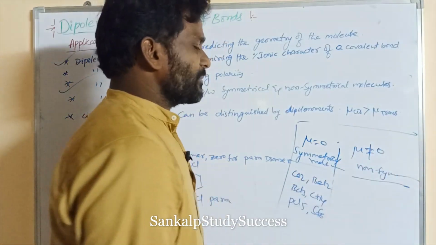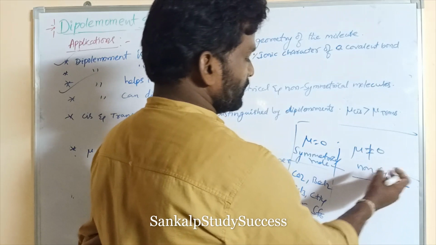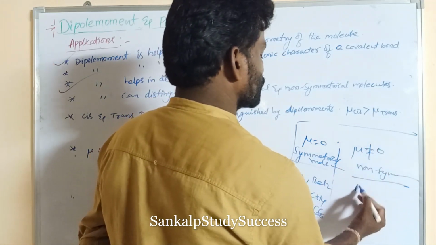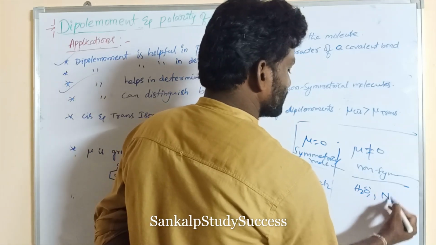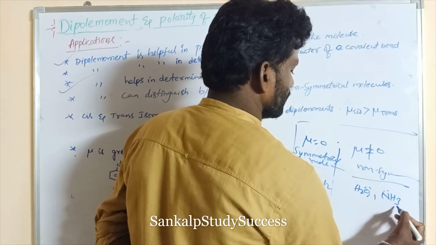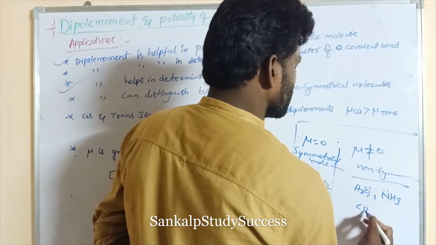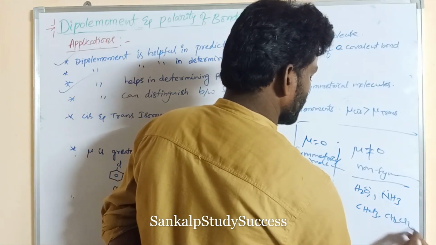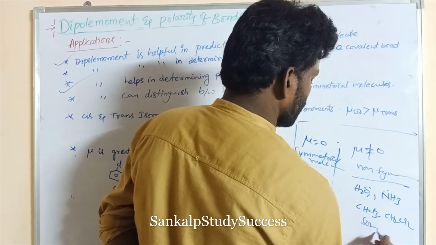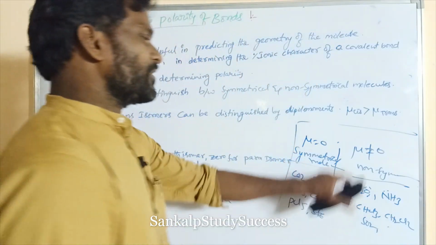Non-symmetrical molecules are most of the molecules containing lone pairs, like H2O and NH3, right? All these, CHCl3 and CH2Cl2, SO2, all these molecules have a dipole moment not equal to zero.